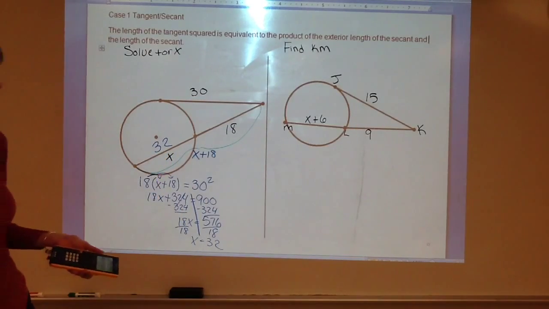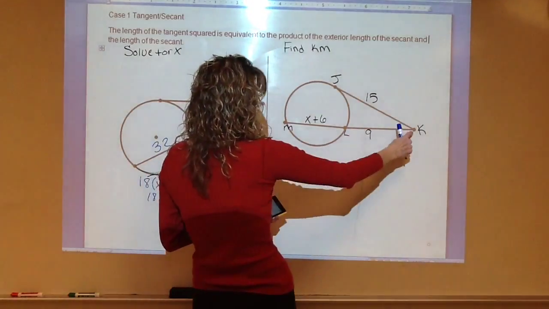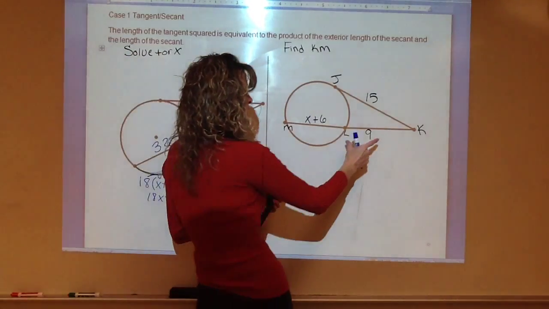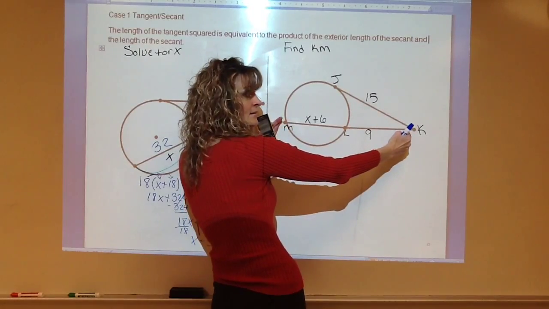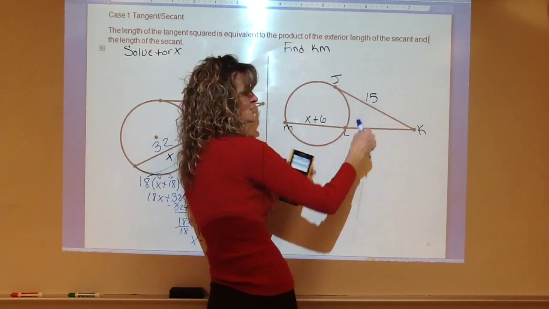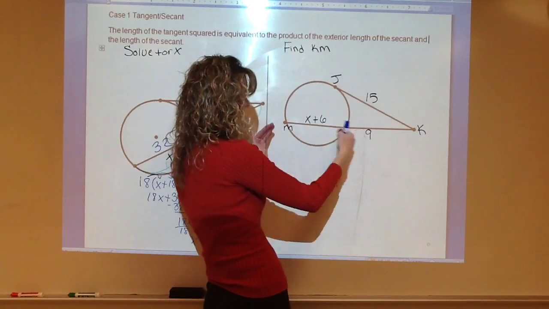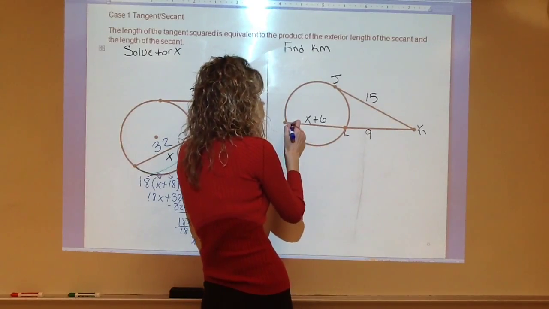All right, let's try another one. So here they just wanted me to solve for x. Here they want me to find this distance here. What do I know? I know that this short side times the whole thing is equal to the tangent squared. Well, I don't know the whole thing just yet, but I know the whole thing is this piece plus that piece, so let's look and see what that is.